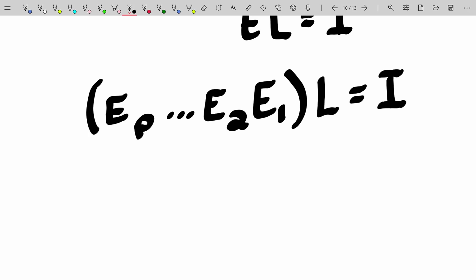So what I'm going to do just for this single example is I'm going to actually find out what this matrix is, because I want to show you something very special about that matrix product of elementary matrices.